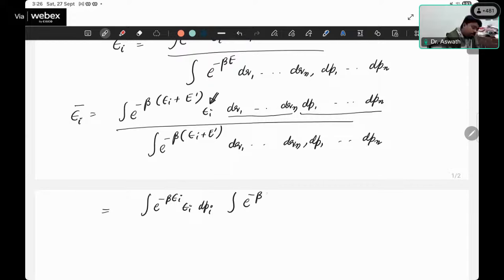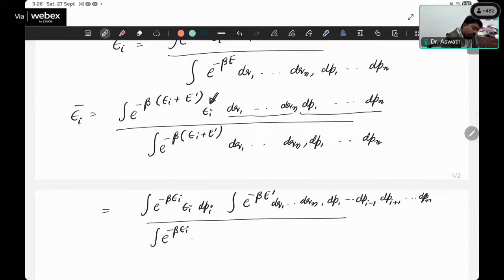So I'll have minus beta E prime, dq1 to dqn, and dp1 to dp_(i-1), dp_(i+1) to dpn, divided by the same in the denominator, without E_i.